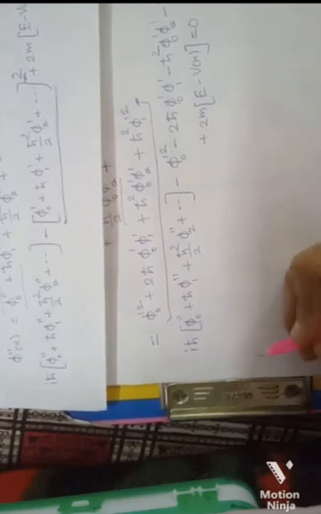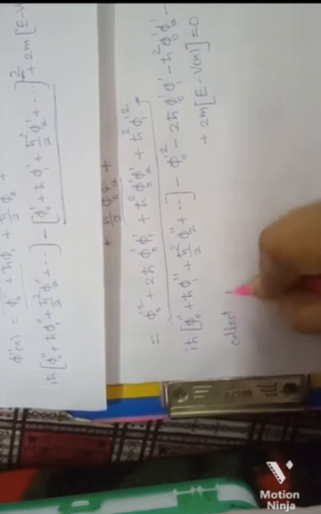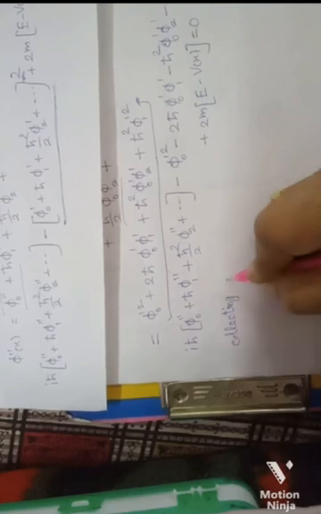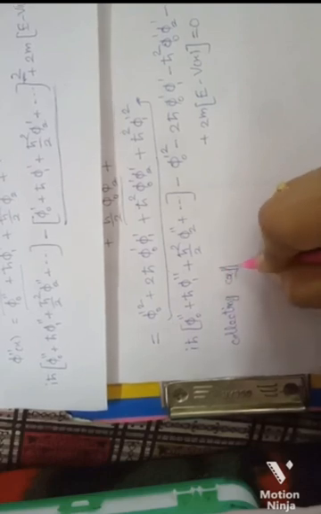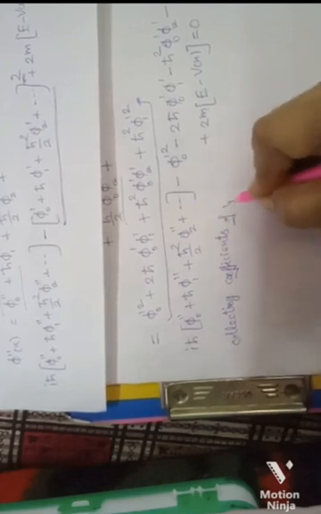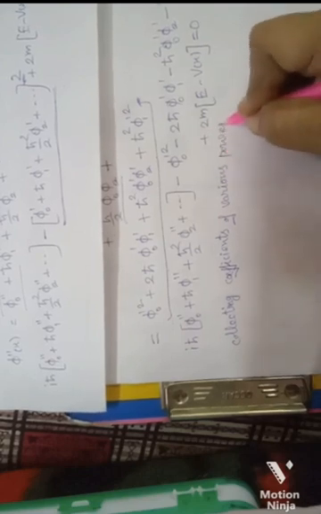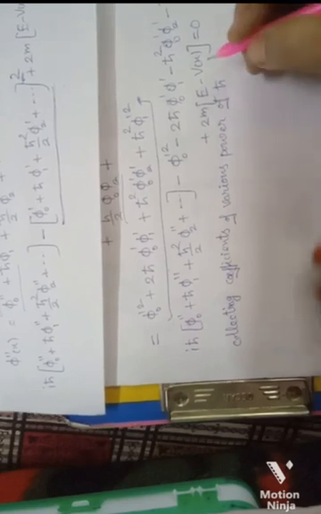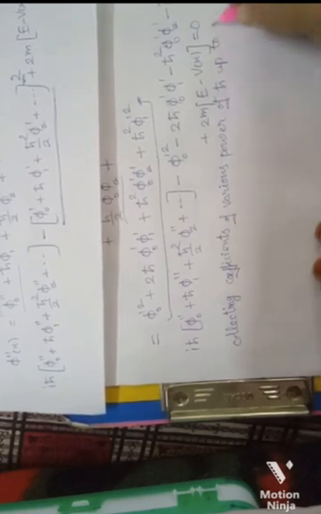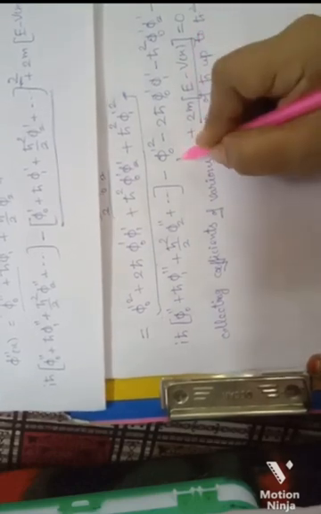Yes. So what we are doing here: collecting coefficients of various powers of ħ up to ħ² only. Okay students, so collecting first ħ power 0. Here ħ is not there.